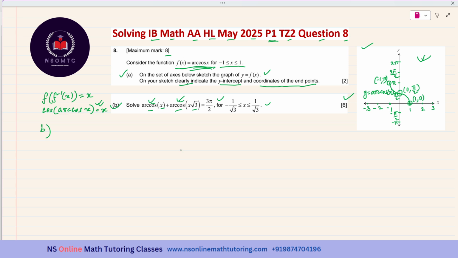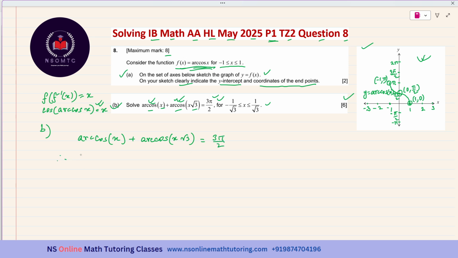So let us take the cosine of both the sides, because it is an equation. Whatever we do to the left side, we have to do the same thing to the right side. Let me write the equation first of all: arccos of x plus arccos of x root 3 is equal to 3 pi over 2.